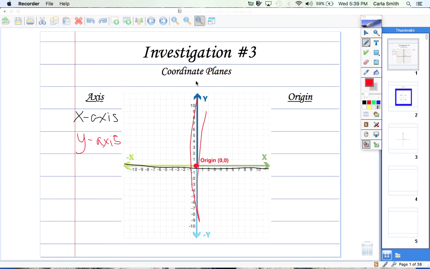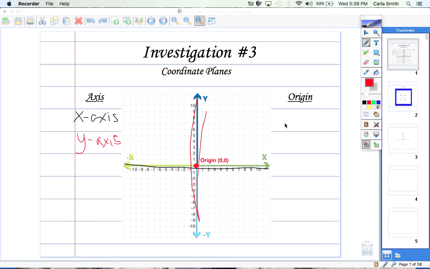Also, we have an origin, and every origin starts at 0, 0. So we can see here that our red dot in the middle is our origin. In every graph, you're going to start here first before you do anything else.